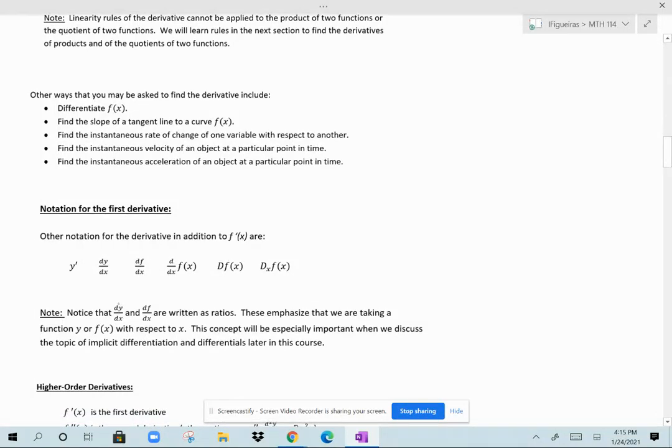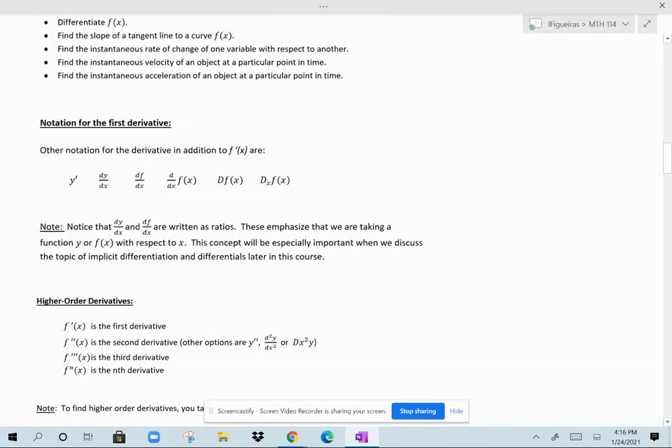You can think about this notation as a ratio of two expressions, and we will be talking about them individually later, the numerator and the denominator, when we talk about implicit differentiation and differentials. So we'll be looking more closely at what this notation actually means.